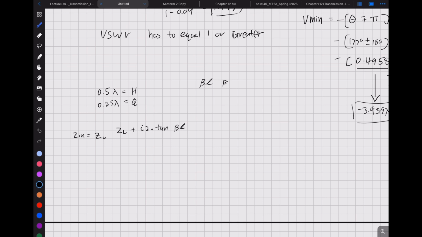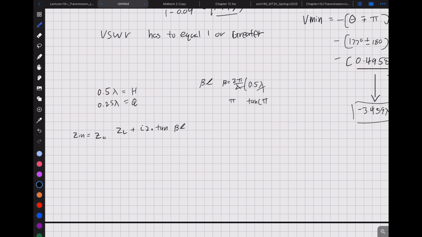So this beta is equal to 2 pi over lambda, and let's say half wave. Okay, so these cancel, and what we're gonna have is pi.